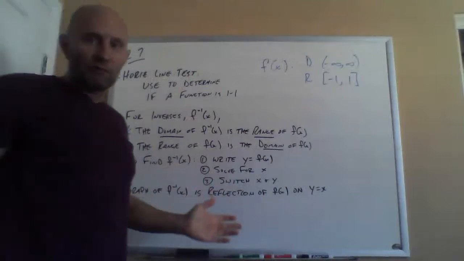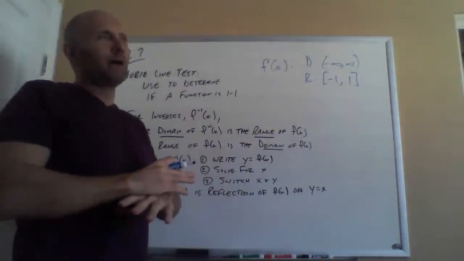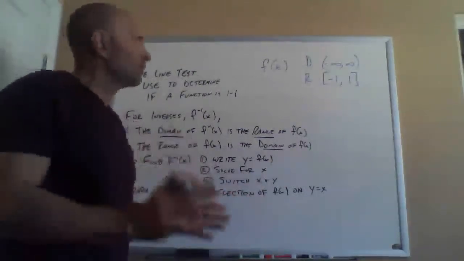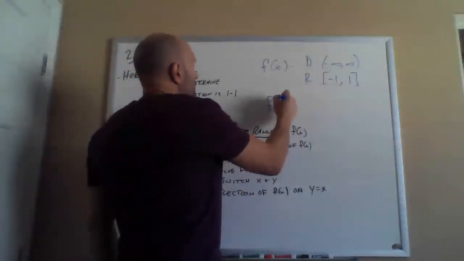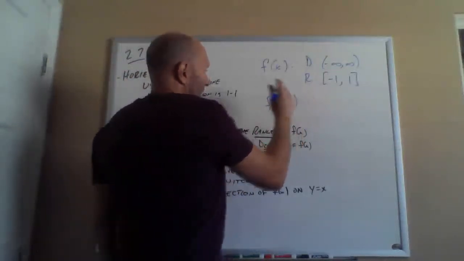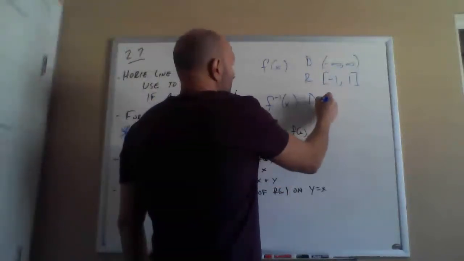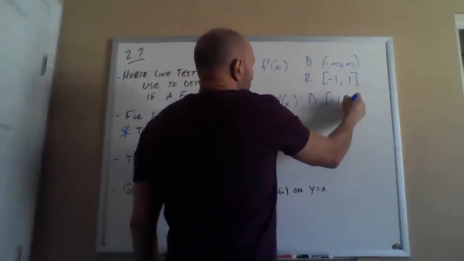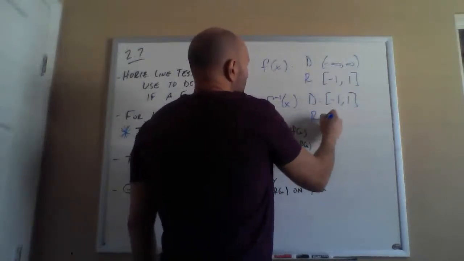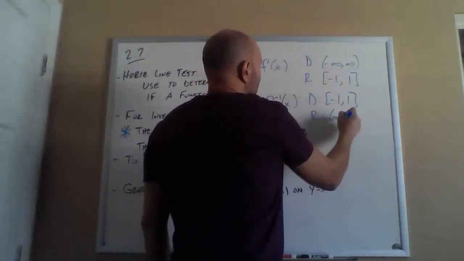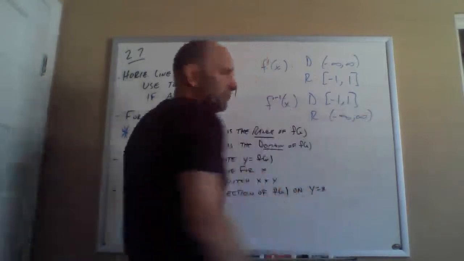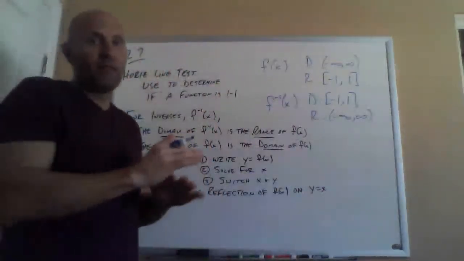Without even knowing what the function is, or what the graph looks like, I already know that if it has an inverse function, its inverse will have domain -1 to 1, and it'll have the range of negative infinity to positive infinity. They just swap. That's it.